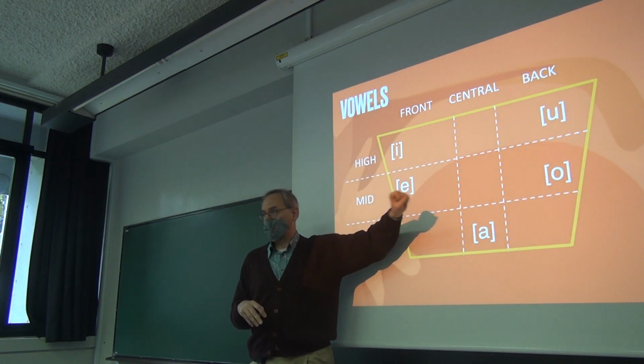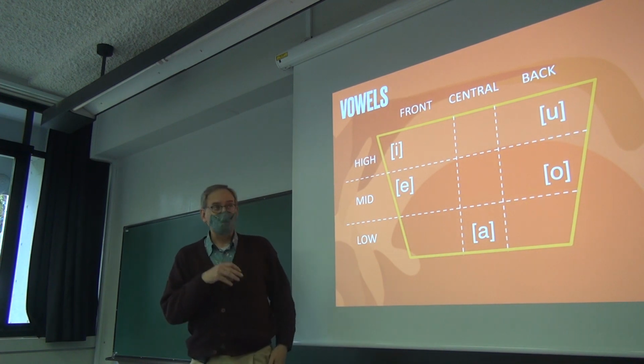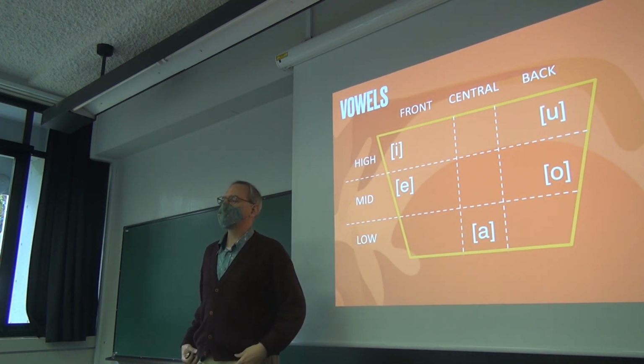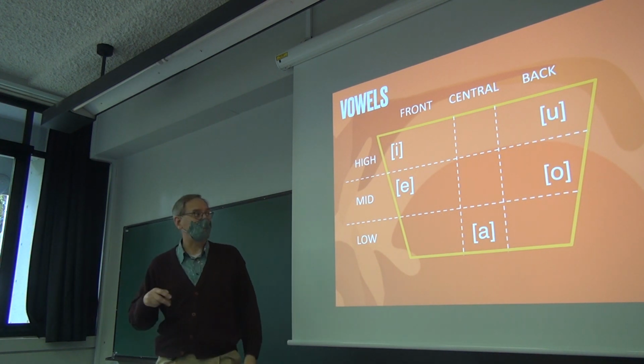Other languages have 5 vowels, with some small differences, but it's very common. There are some languages with only 3 vowels, and a couple with just 2. The most common is actually 7. 5 and 7 are the most common numbers of vowels.